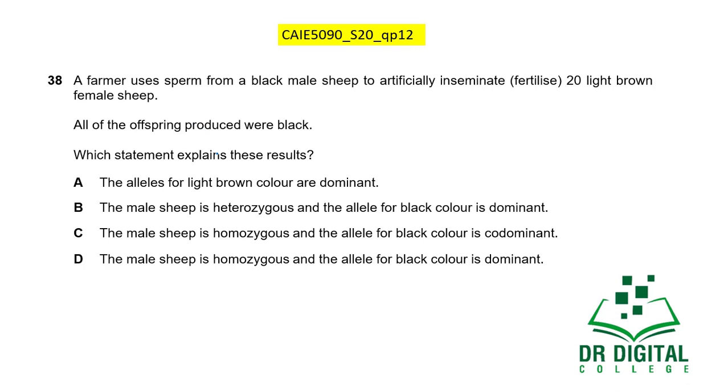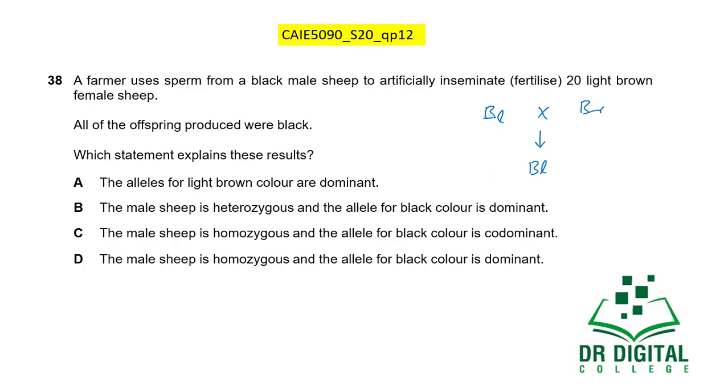In this question, a farmer uses sperm from a black male sheep to artificially inseminate 20 light brown female sheep. All of the offspring produced were black. So black is mated with brown while all offspring are black.